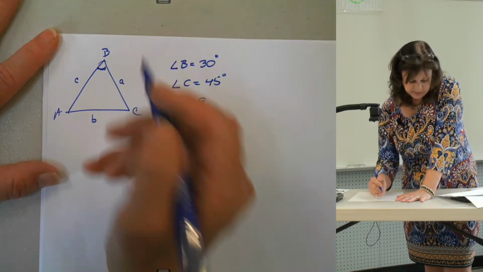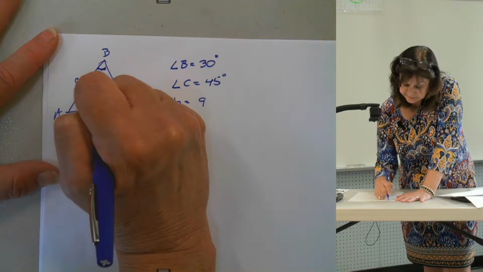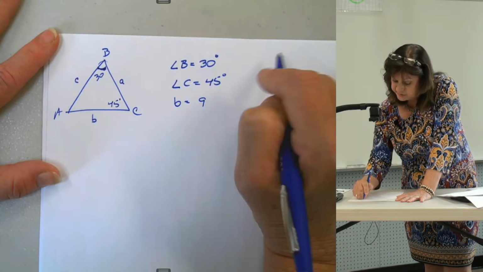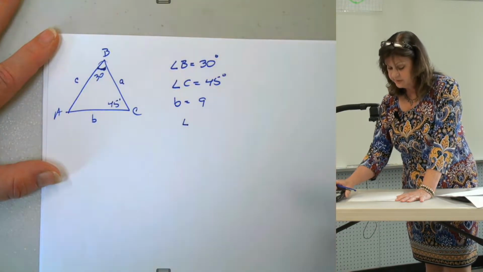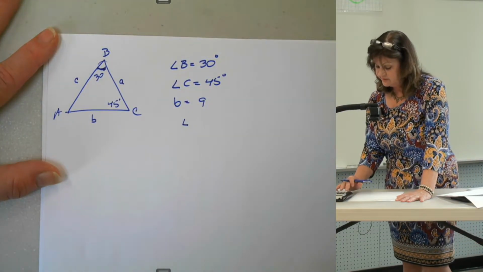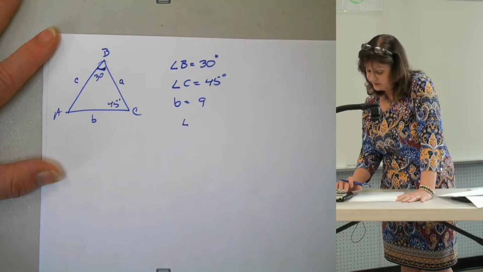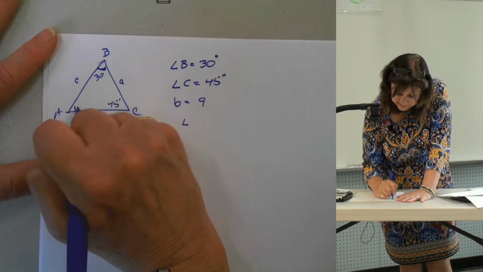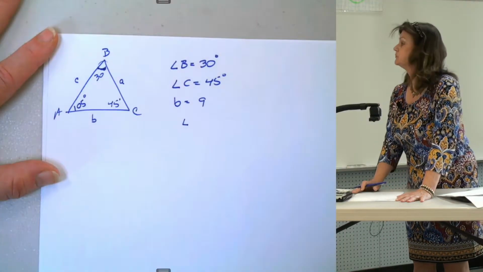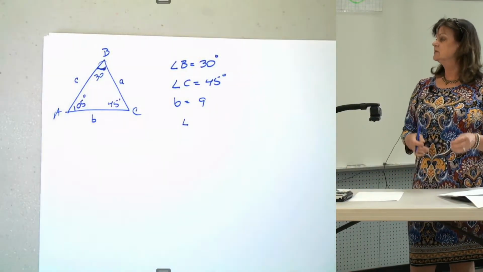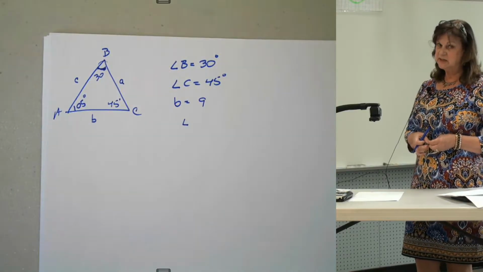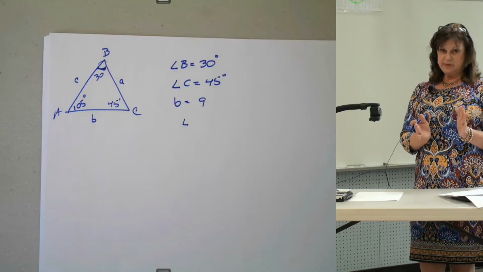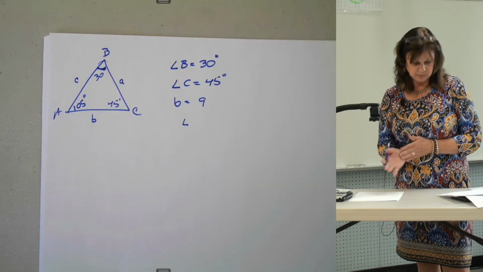We have been told that B is 30 degrees, C is 45 degrees. So angle A, well, that's not going to be too hard to figure out, because I have 180 minus 75. So angle A is 105 degrees. Which means what? Side length A is going to be our longest side length, and side length B is going to be our smallest side length.